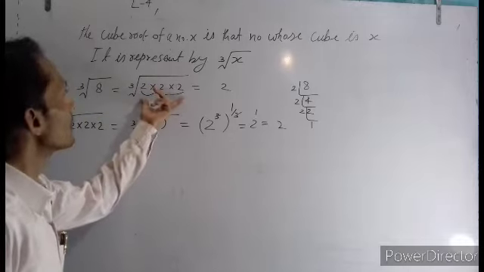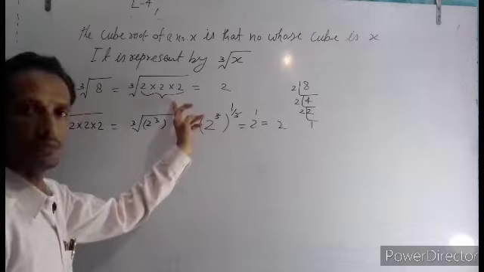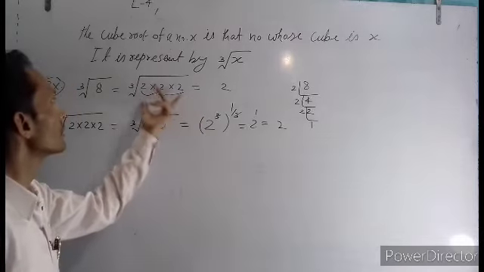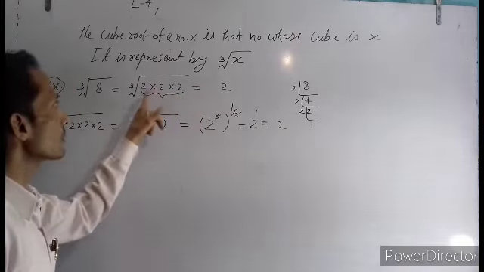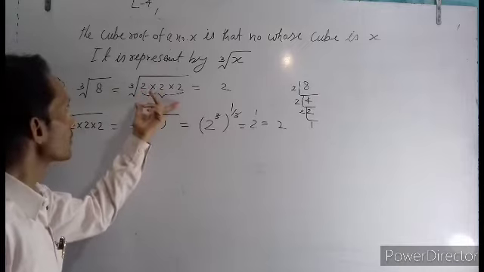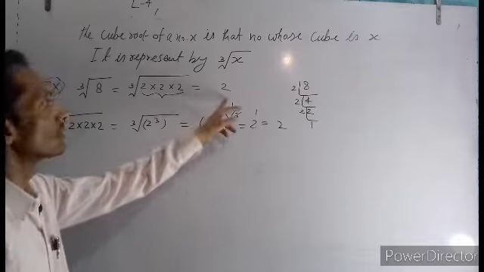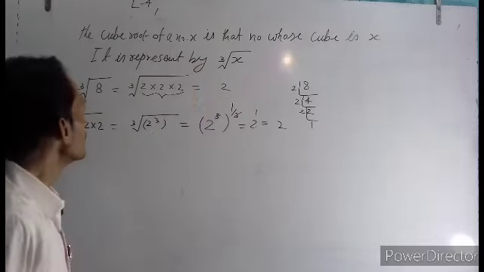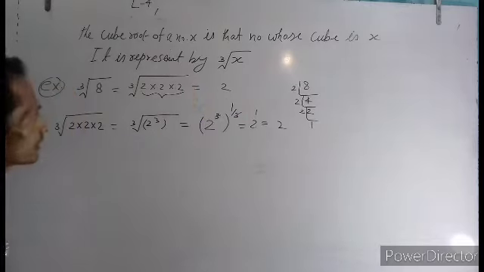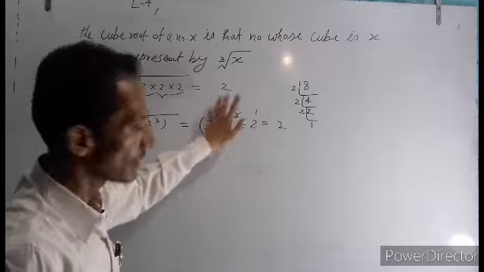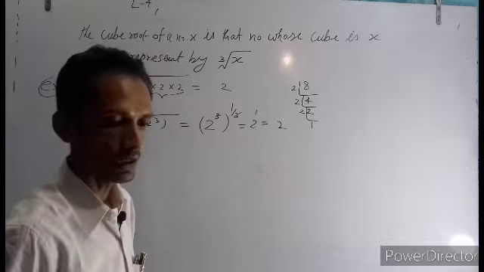These are 3 twos, so make the triplet of the same prime, and 2 will come outside. The product is the required cube root.